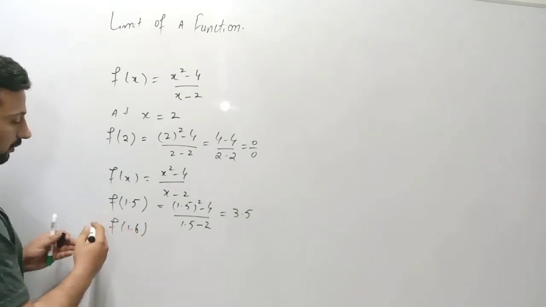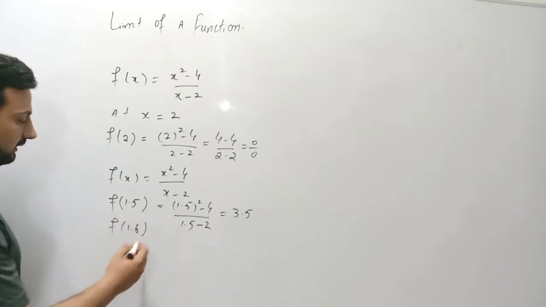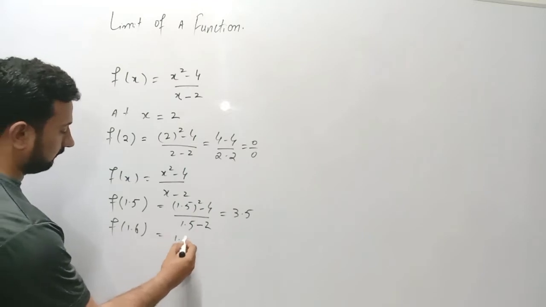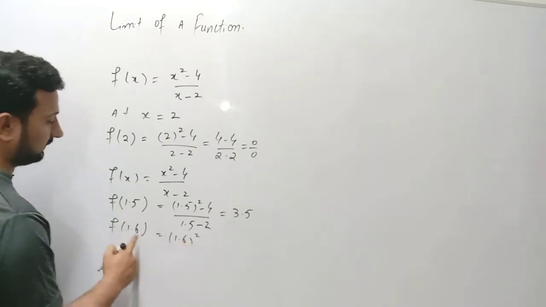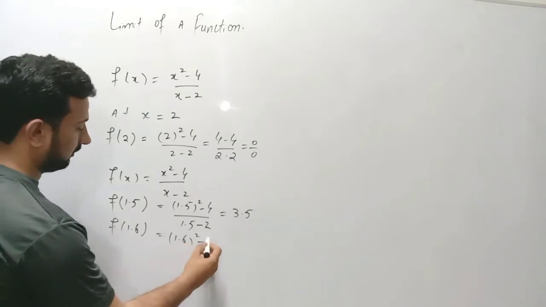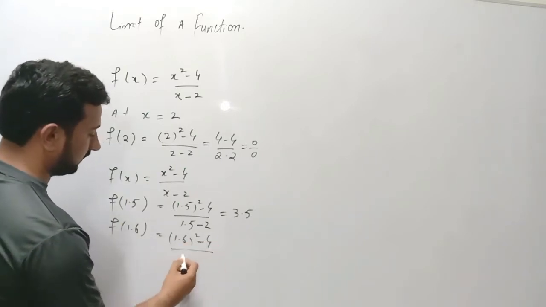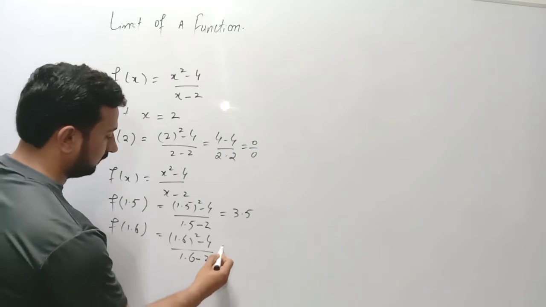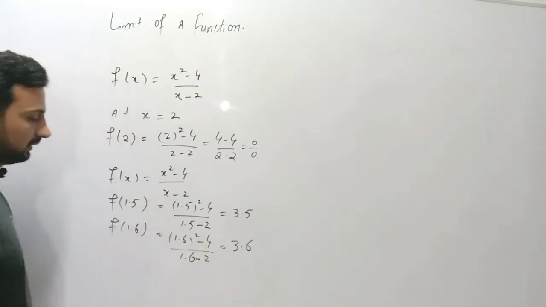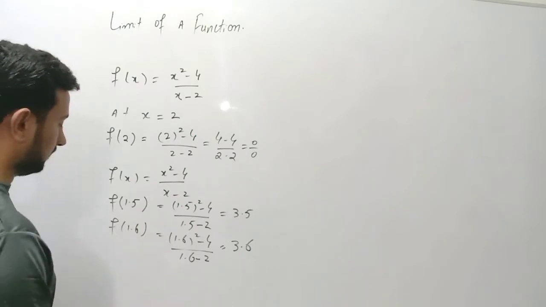Now we have gone a little bit further from 1.5 to 1.6. Substituting 1.6 in that function, 1.6 square minus 4 over 1.6 minus 2, that will give us 3.6.